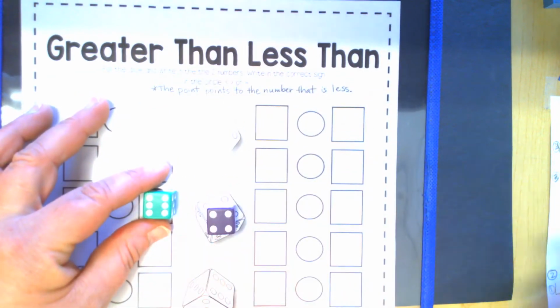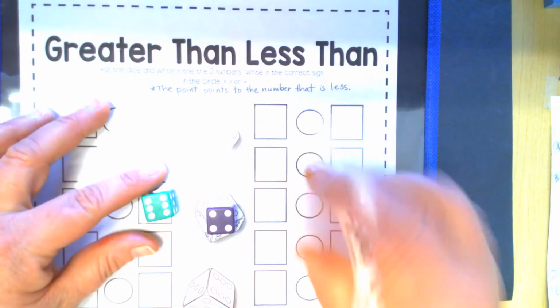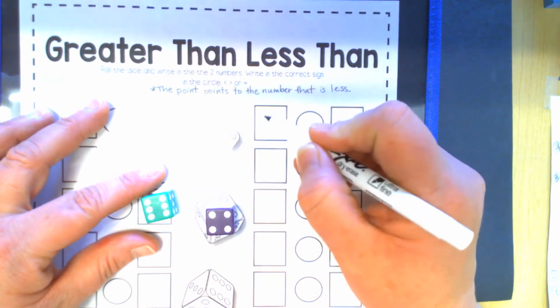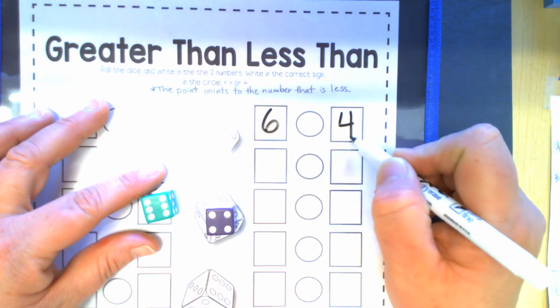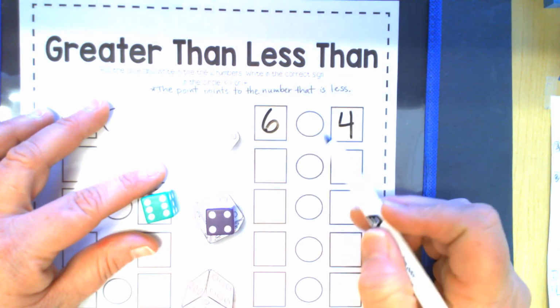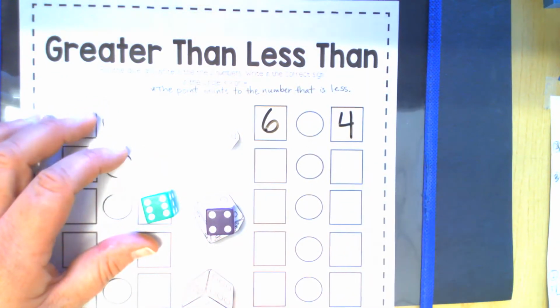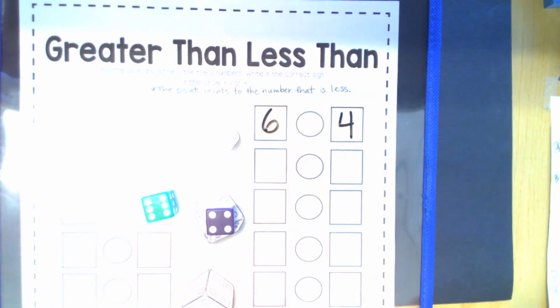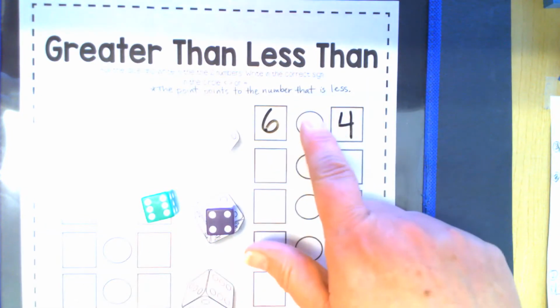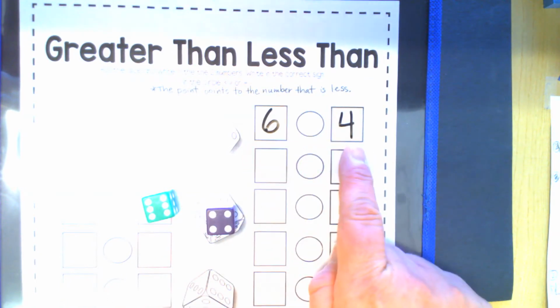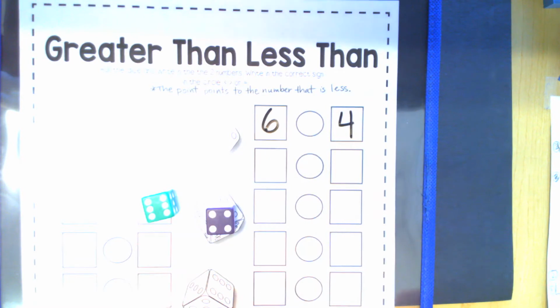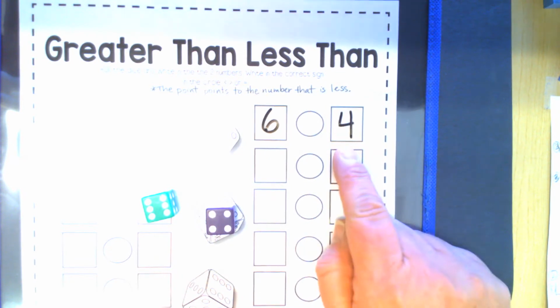So I'm going to write those numbers in on top of my dry erase sheet, just like this, in the squares. Now, in the center circle, I'm going to put a symbol. But before we figure out that center circle and what symbol we're going to add in the middle, we need to figure out which number is greater and which number is less.